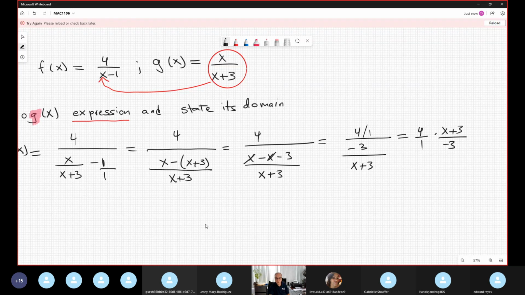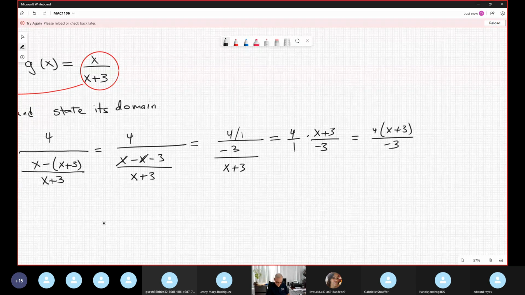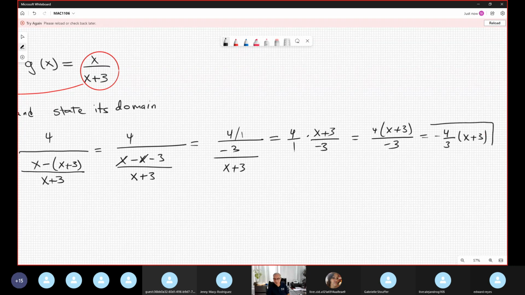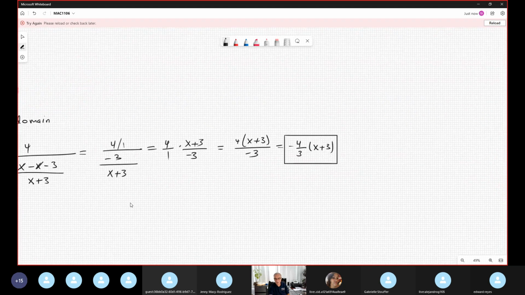Okay, cool. Multiplication, top times top, bottom times bottom, so it is 4 parentheses x plus 3 divided by negative 3. Or more elegant, in my opinion, negative 4/3 parentheses x plus 3, and leave it like that.